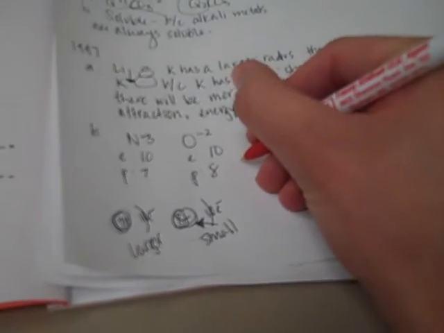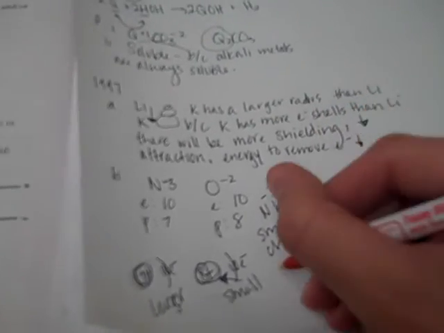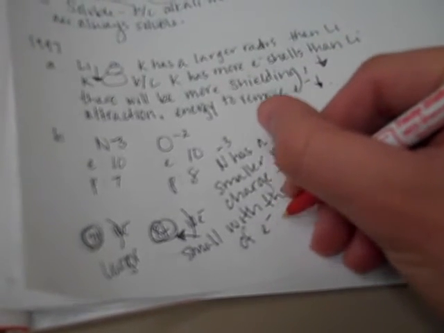So for your answer, I would say something like nitrogen has a smaller nuclear charge than, and you should really put nitrogen minus 3, than O minus 2, with the same number of electrons, which makes it larger.